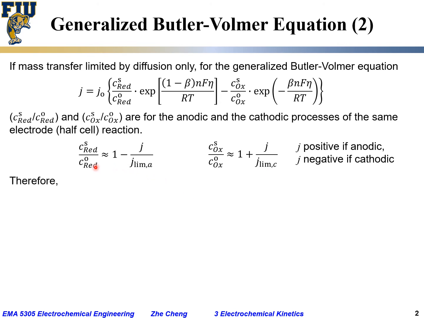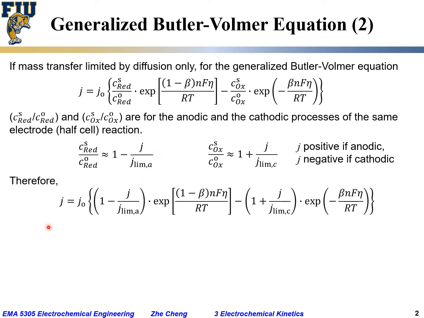As a result, if we have these two ratios specified in terms of current to limiting current ratio, then we can rewrite the generalized Butler-Volmer equation.